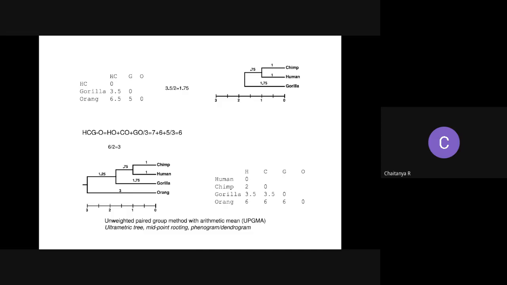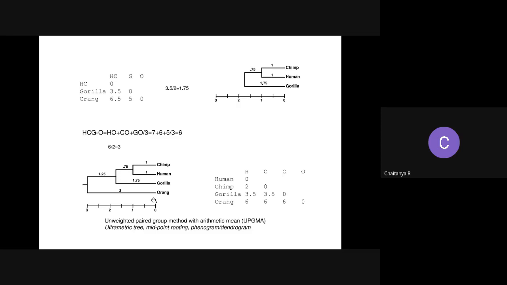Now we add the branch that connects orangutan to the clade containing chimp, human, and gorilla. We know that the distance is totally 6, so we divide the 2 branches into 3 and 3. So now when you notice, the distance between the root and every terminal node is 3.